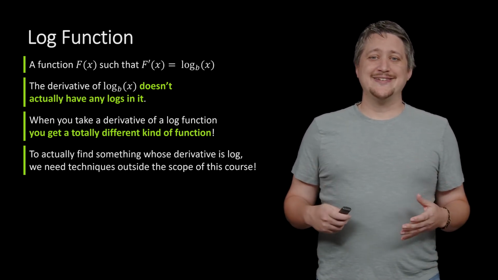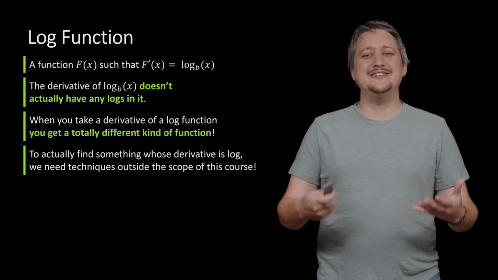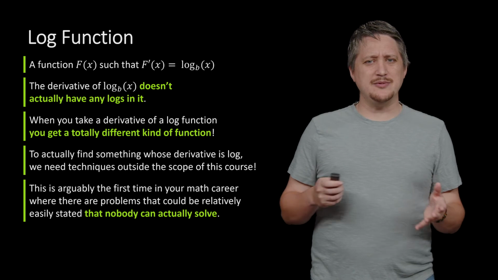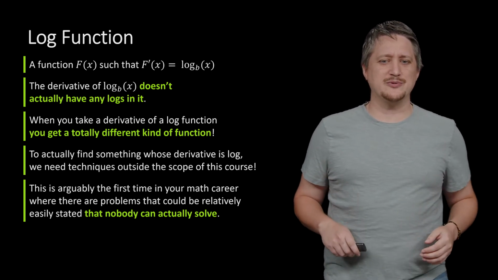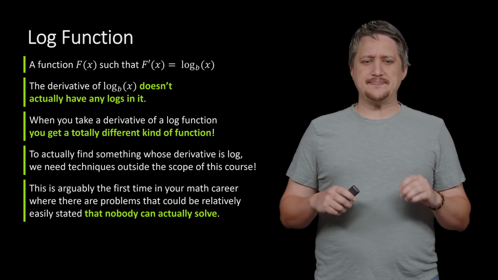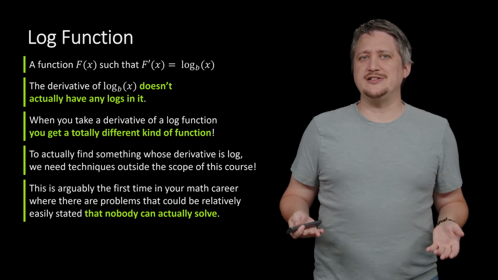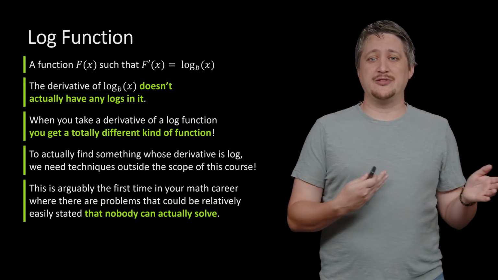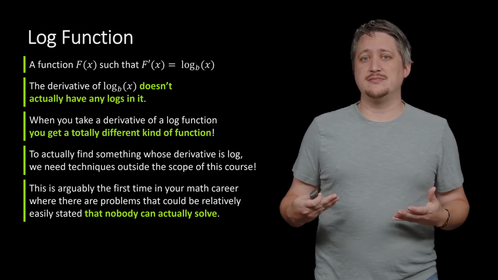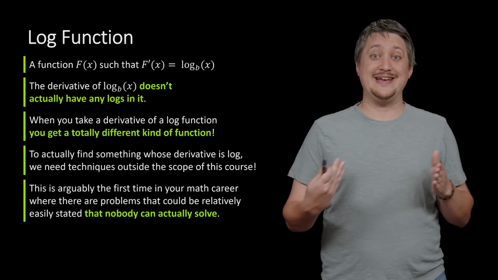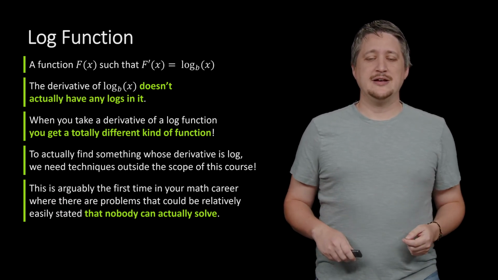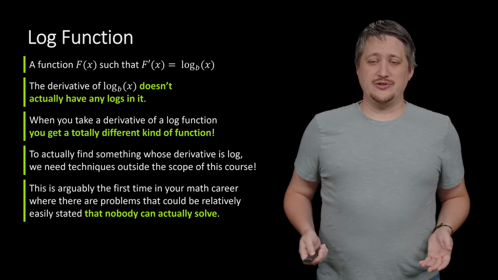And this is a good hint moving forward that this is arguably the first time in your math career where there are problems that you could relatively easily state, right? You could say, okay, what is the result of reversing the process on log base b of x, right? What is the antiderivative of log base b of x, that nobody could actually solve?